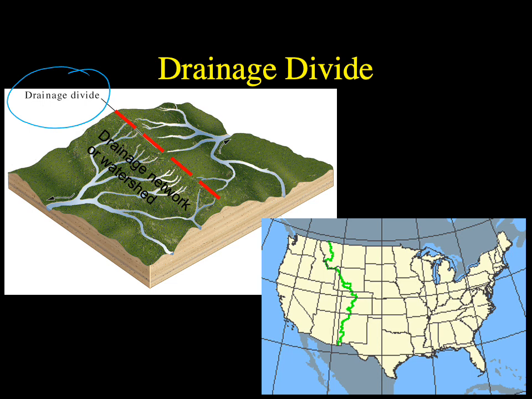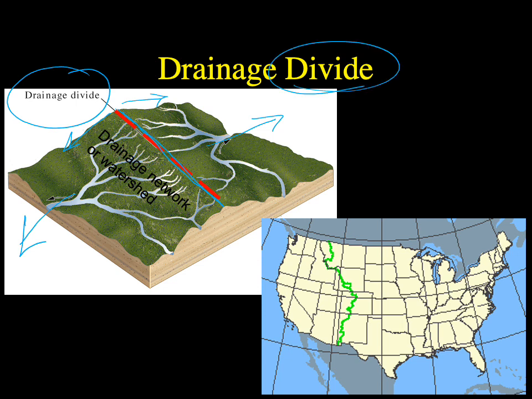Those signs are telling you that that's the continental divide there. It means essentially a line in the mountains where rain that falls on one side of the drainage divide goes to these rivers, and rain that falls on this side of the drainage divide will go to a different set of rivers.